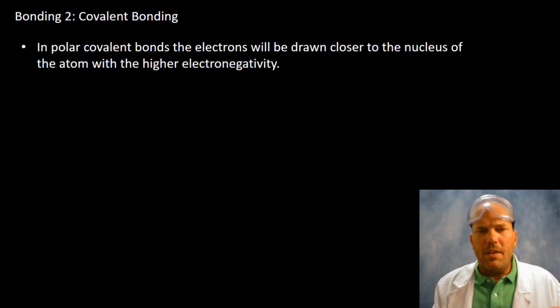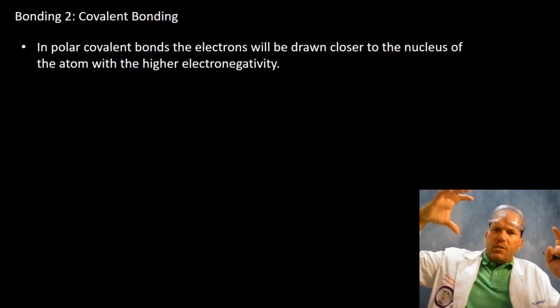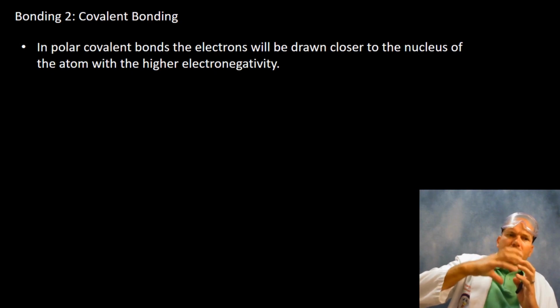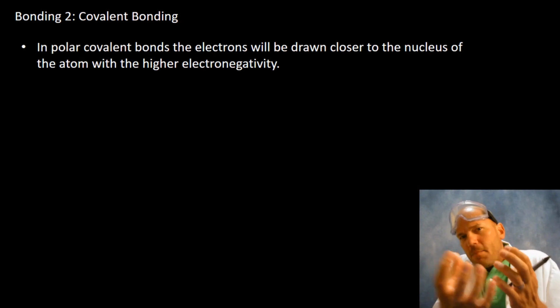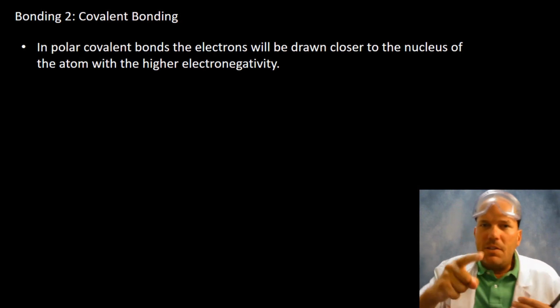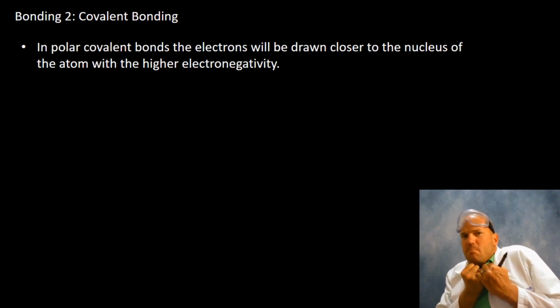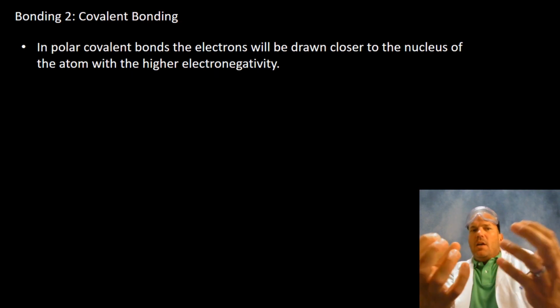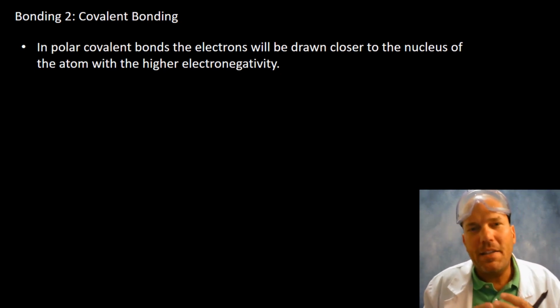In polar covalent bonds, electrons are going to be drawn closer to the nucleus of the atom with the higher electronegativity. Think about me with my 4 skittles and you with your 1 skittle. All right, so I have most of the skittles closer to me. I have a higher electronegativity.